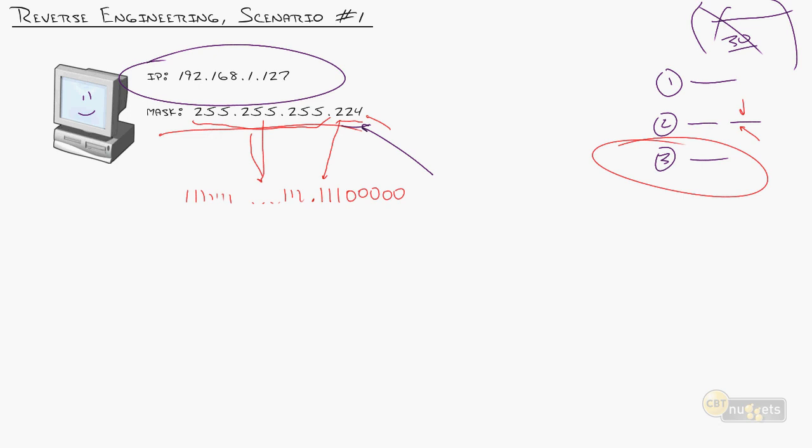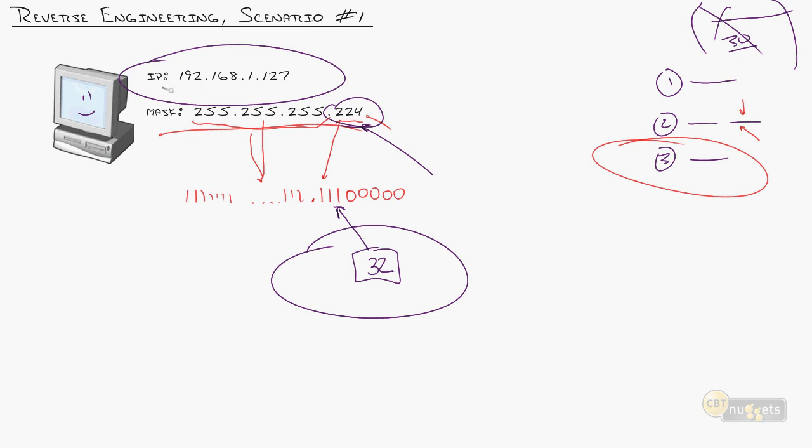So then I would look and say, okay, lowest network bit as a decimal number, that would be what? 32, right?